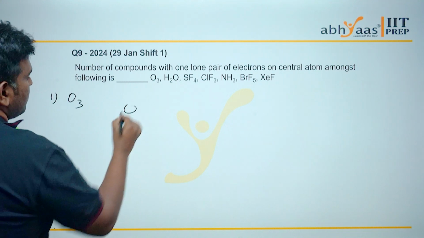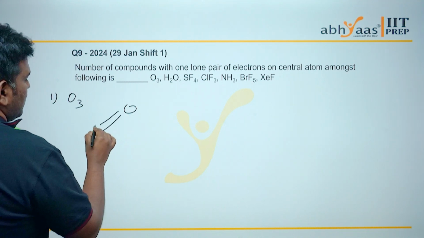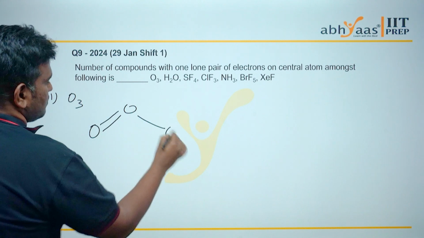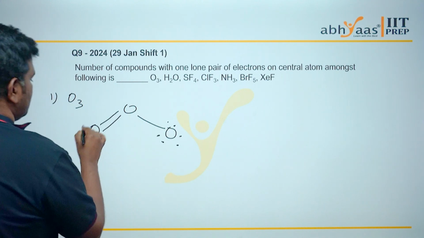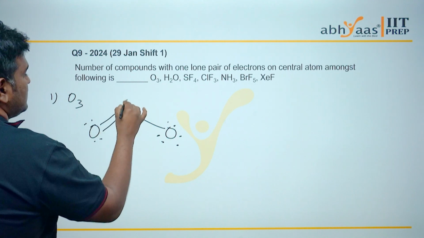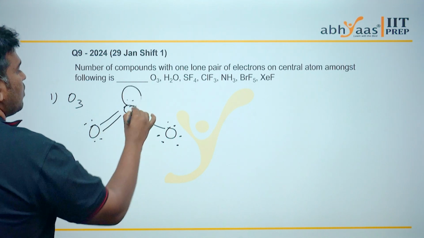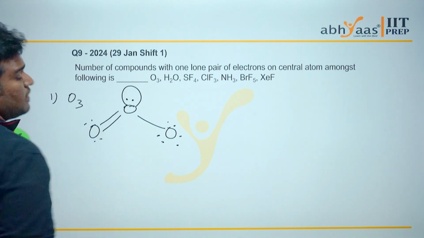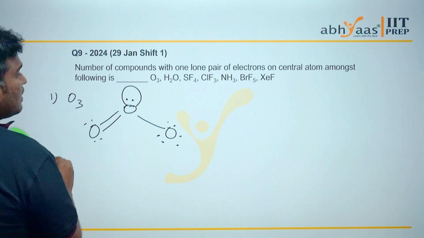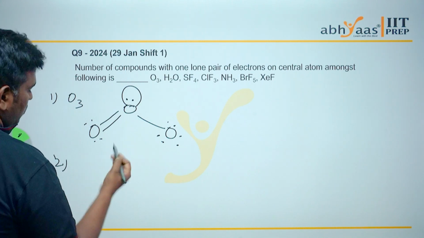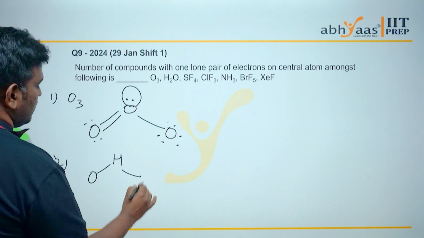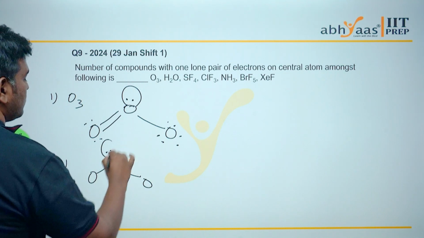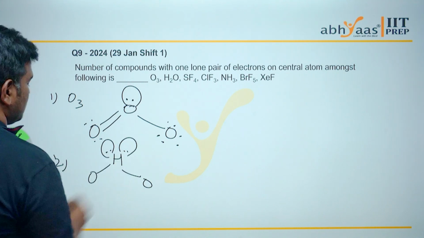In the case of O3 we will have such a structure, with one lone pair of electrons on the central atom. The second one is H2O, where you will have two lone pairs.